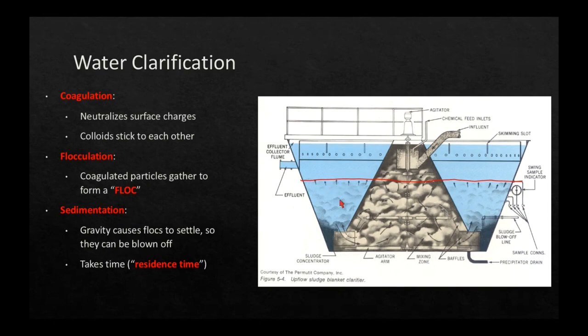And we also don't want it too low, because then we may have insufficient flock and sludge to adequately filter out the flock that's forming. So just like in Goldilocks and the Three Bears, we want the sludge blanket level to be just right. So how do we do that?